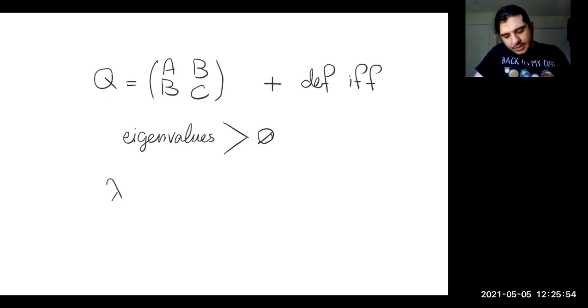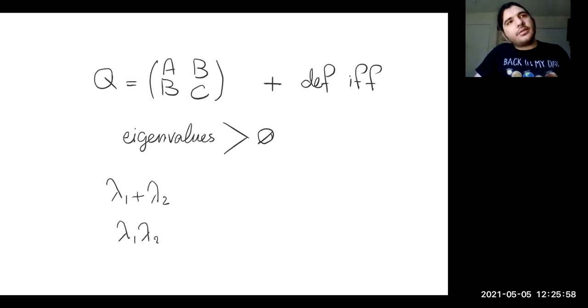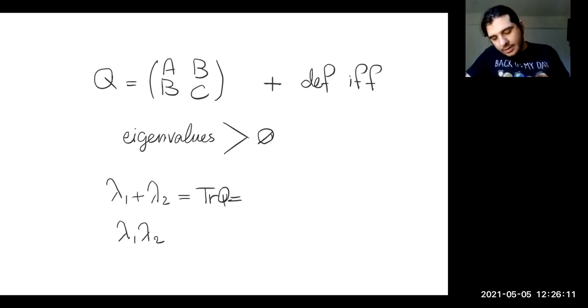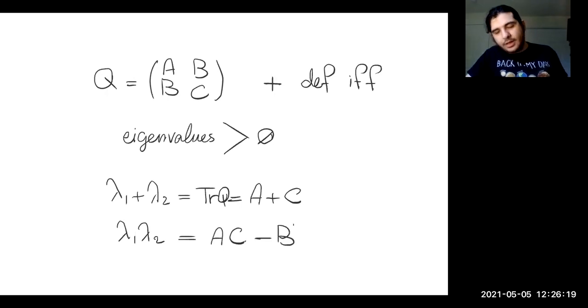Do you remember what is the sum of the eigenvalues and what is the multiplication of the eigenvalues? Does anyone remember? What is the sum of the eigenvalues? Yes, it is the trace, which here, trace of Q would be A plus C, and their multiplication would be AC minus B squared.